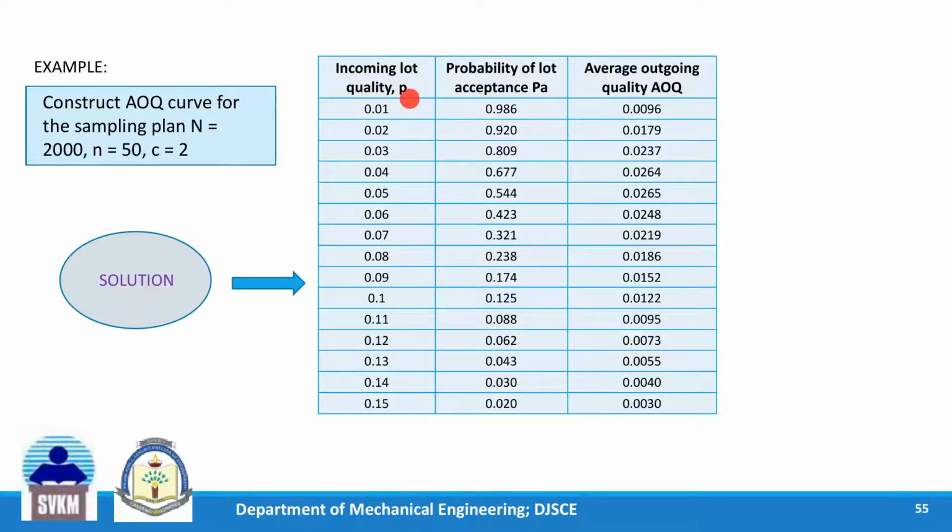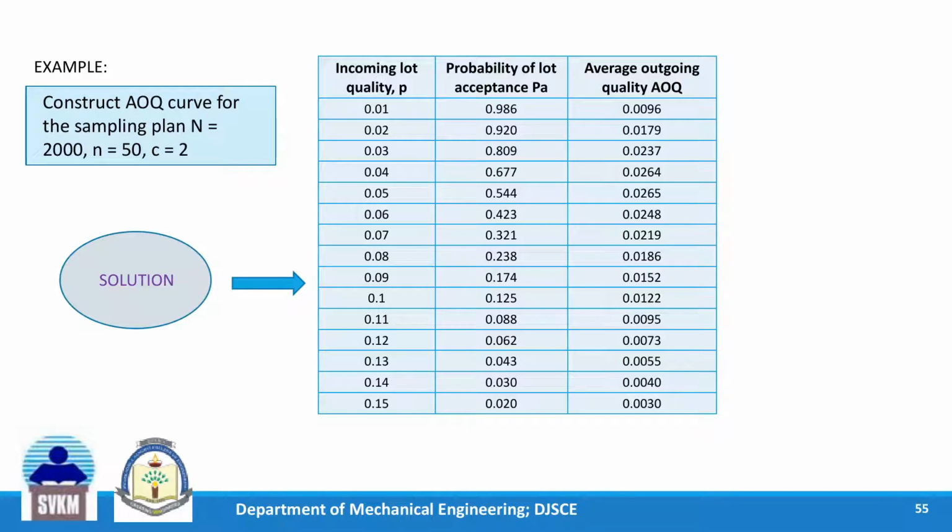Incoming lot quality is P, that is the fraction defective, and the probability of lot acceptance. So we have this incoming lot quality, which is going to vary from 0.01 to after the rejectable quality level, where we can also take 2-3 readings, so around 0.15.